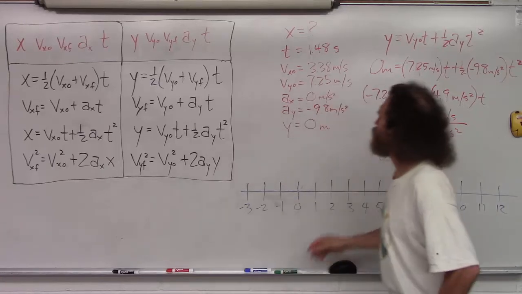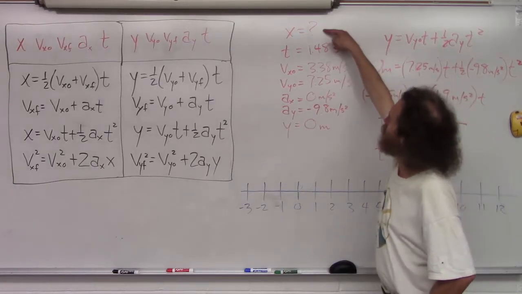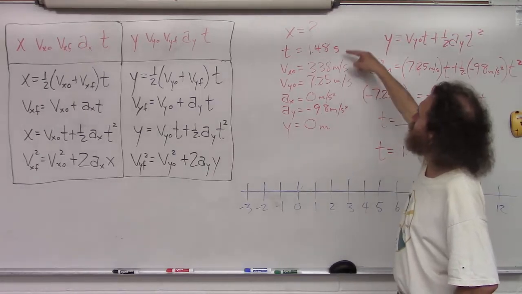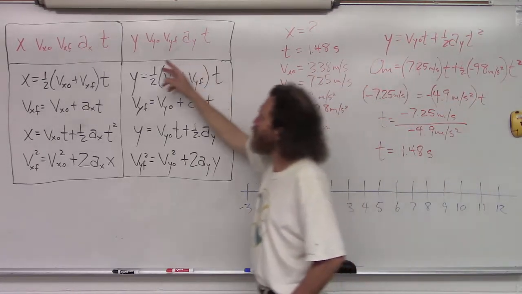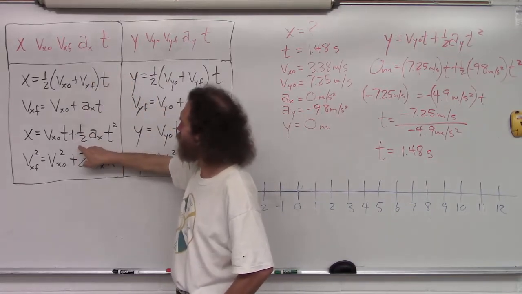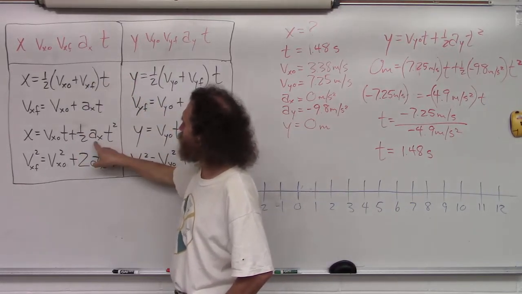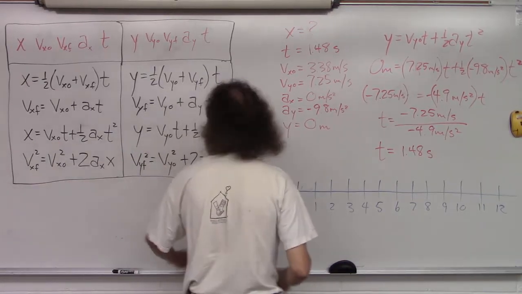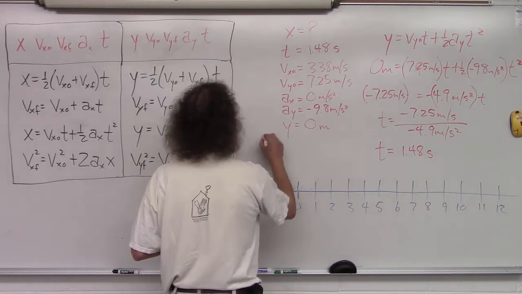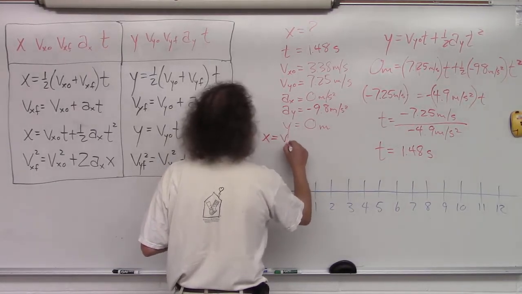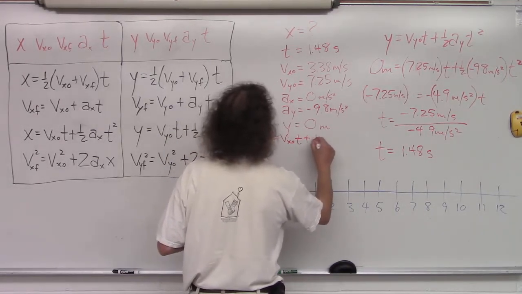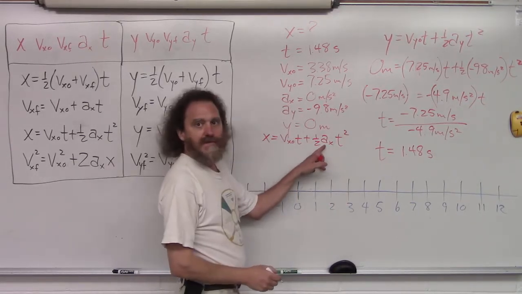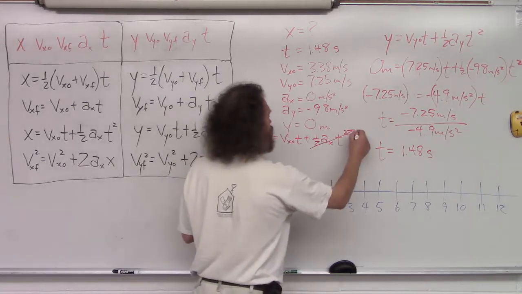And let's see, which things do we know in the x direction? We want to know x. We know the initial x velocity, we know the x acceleration, and we know time. So if you look right here, we can use this equation. We know time, we know the x acceleration, we know the initial x, and we want to find x. So that's the equation we're going to use. And this is 0, so this term goes to 0.